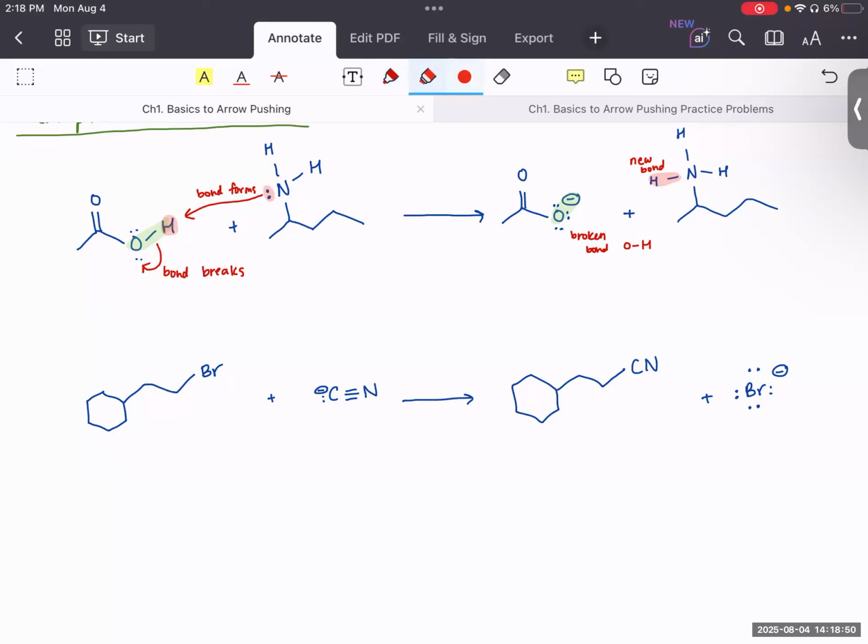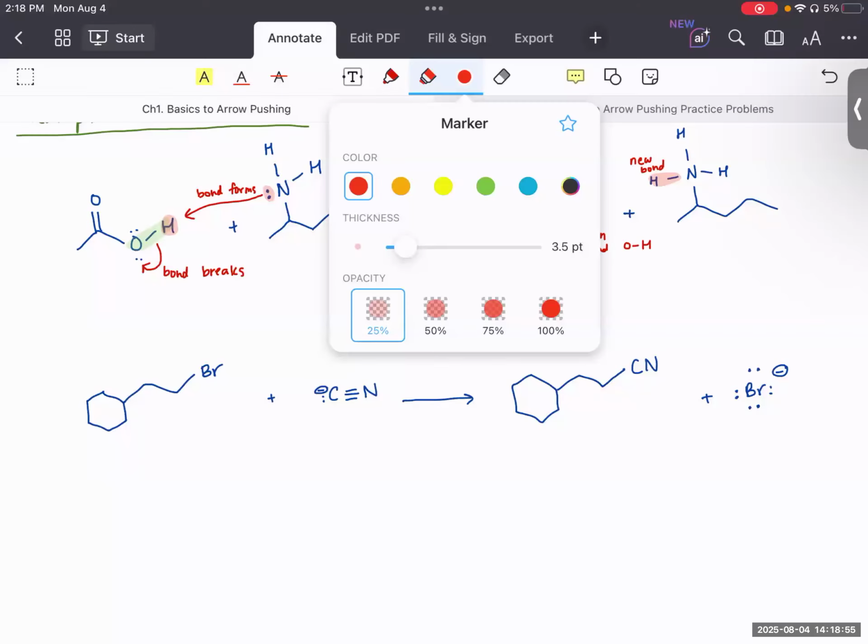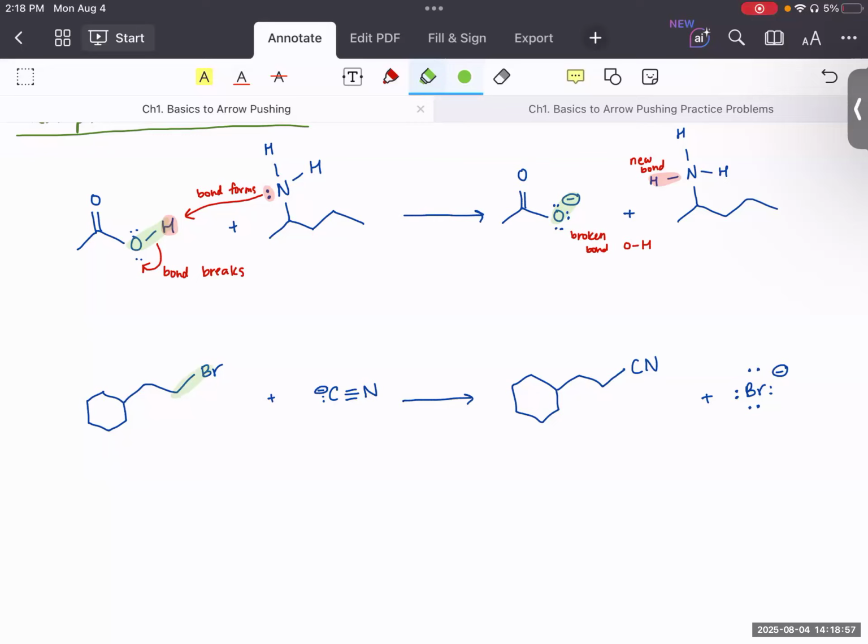All right, so for this one, let's identify what bonds were broken. So we see that this carbon-bromine bond was broken. It no longer exists in the final product. And then we can see that a carbon-carbon bond right here was formed. And so we want to show both of those. And so for this, we would use the electrons on the carbon right here.